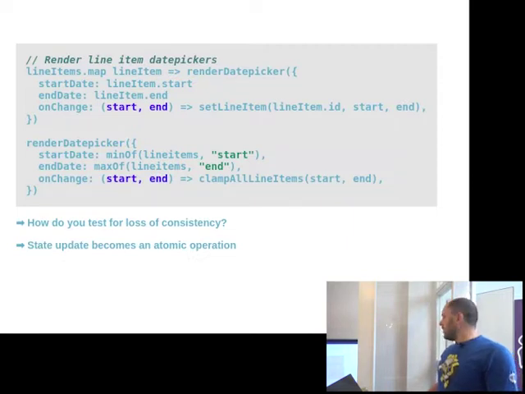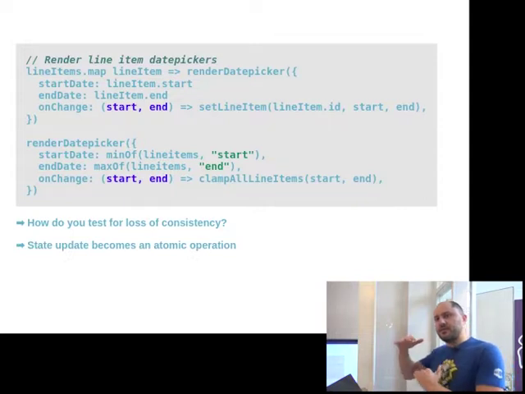Also, those two functions can work straight on the state without having to call other objects. The operation is atomic. It happens in a single block of code, which helps even further maintain the consistency.